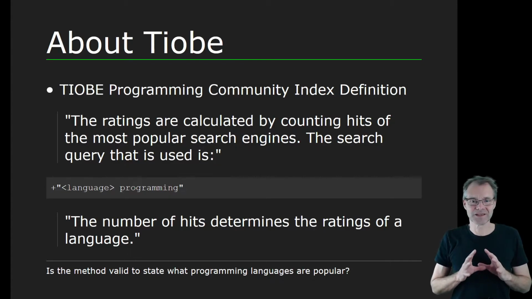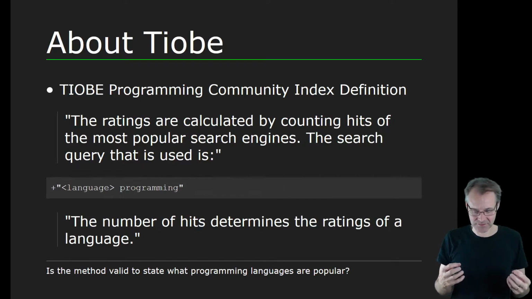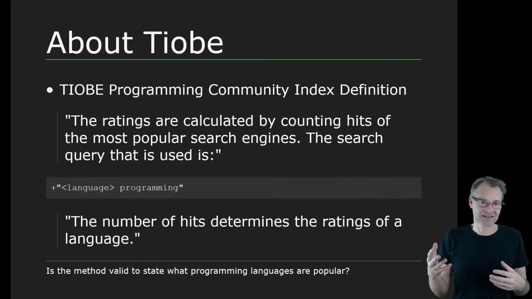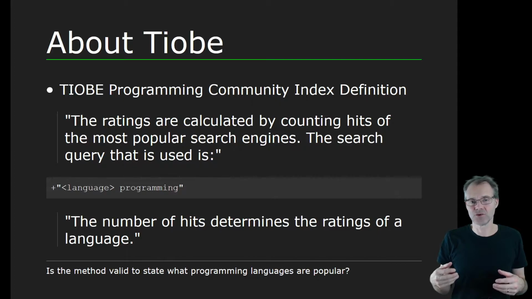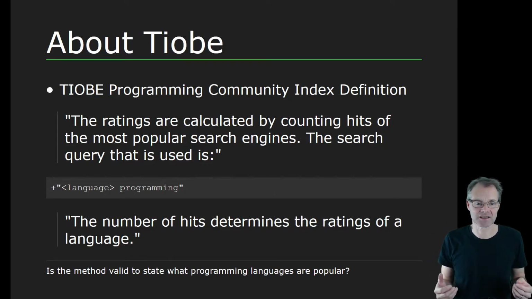But when we take these sorts of ratings on things like programming languages, we need to be a bit critical. How did they actually compare this? We should always be critical when we see this type of stuff. This TIOBE, they're checking the search engines to see how many hits they get, and evaluating the rating of the programming language using the data from the search engines.